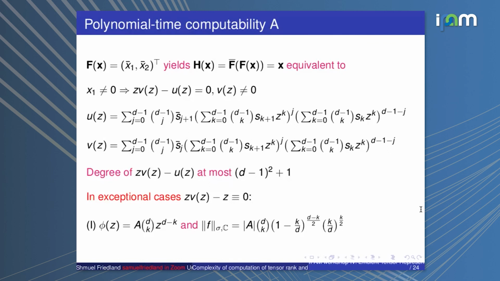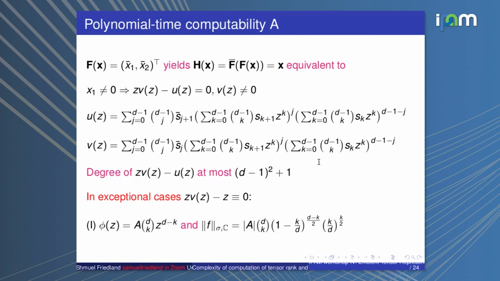So you see, essentially what we need is to find the roots of polynomial equations of degree (d minus 1) squared, and then to compute. I think I need to stop here. Maybe if you want to wrap it up in a few minutes, that's okay, and people can already think about their questions for afterwards.